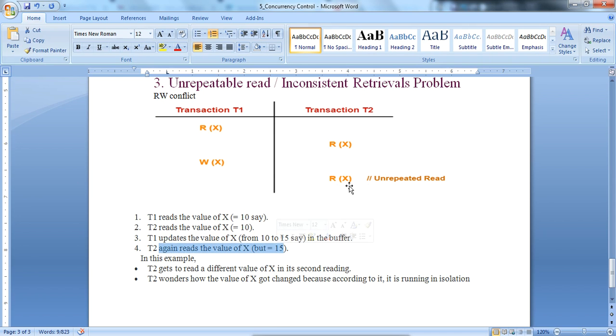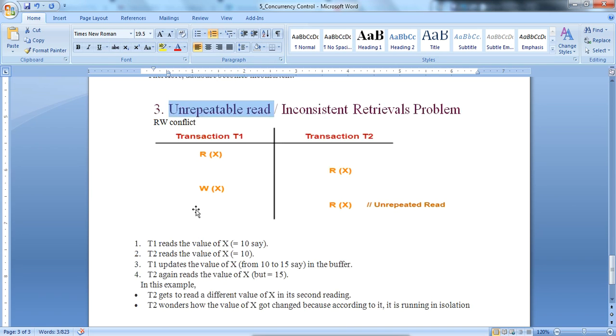This type of read is called an unrepeatable read, or inconsistent retrieval. Initially it read 10 and now it reads 15, meaning it comes with inconsistency, and this type of read inconsistency is called an unrepeatable read, right?